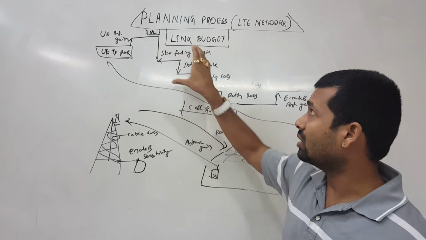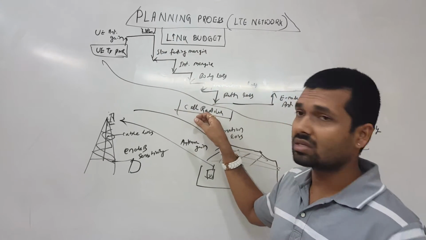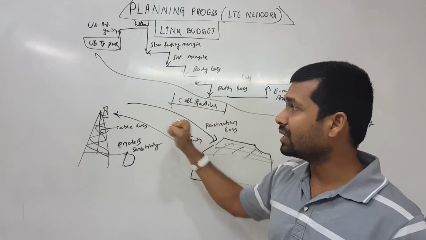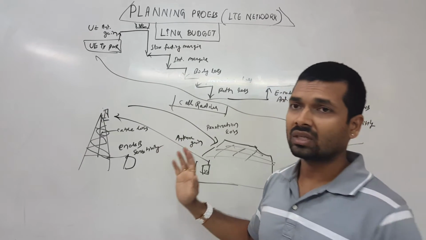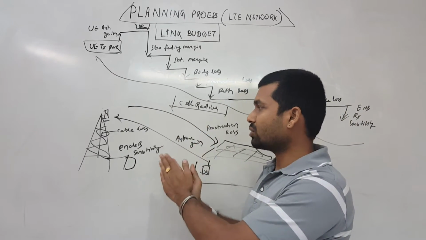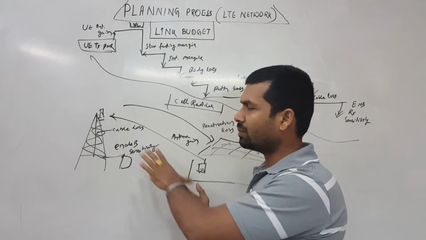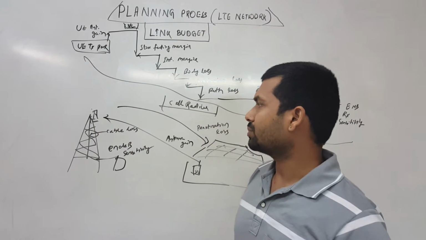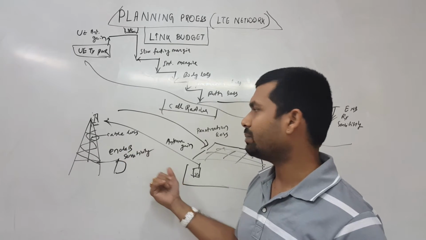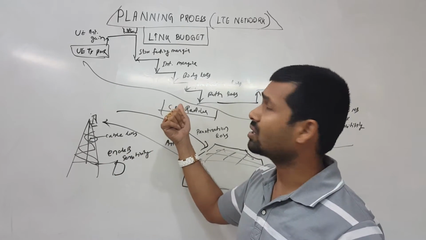The aim of the link budget is to get the cell radius both in uplink and downlink, and finally we reach an agreement where the balance is maintained in uplink and downlink. So there shouldn't be any path imbalance when we're doing the uplink and downlink budget.